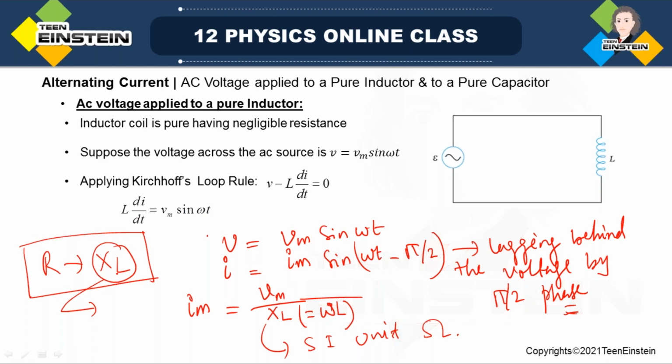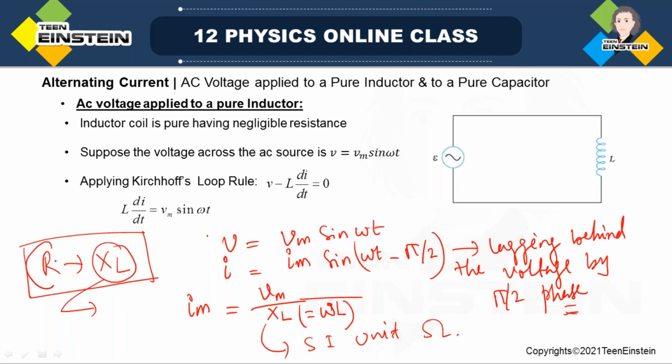So inductive reactance is equivalent to resistance. Generally, this inductive reactance opposes the current or limits the current in the circuit.